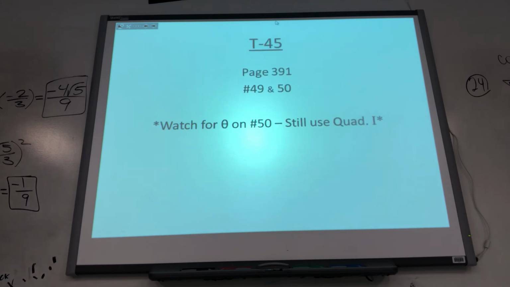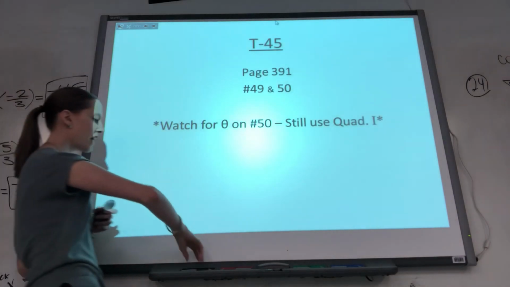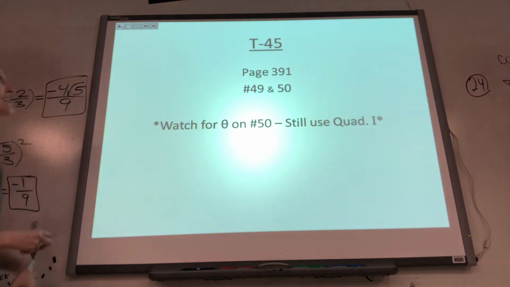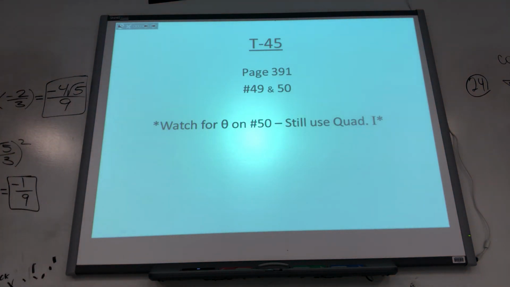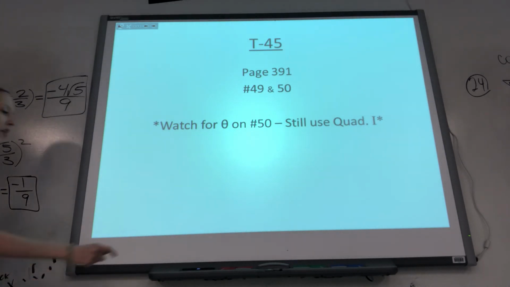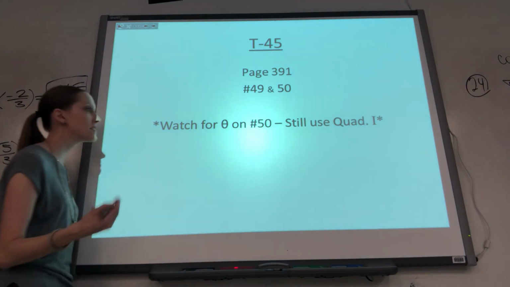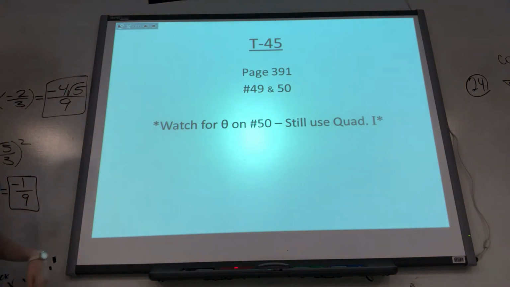All right. Now, the assignment is up here, and there's a couple more things I need to tell you. But this is T45 from page 391. We're just doing 49 and 50, although they do have several parts to each one, so may take just a little bit more time.